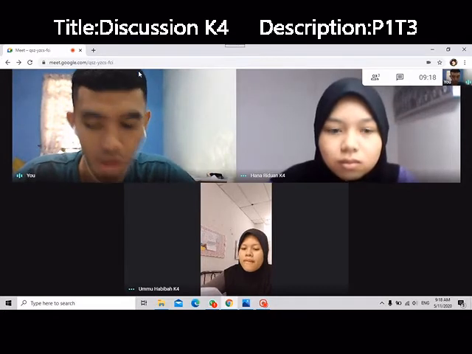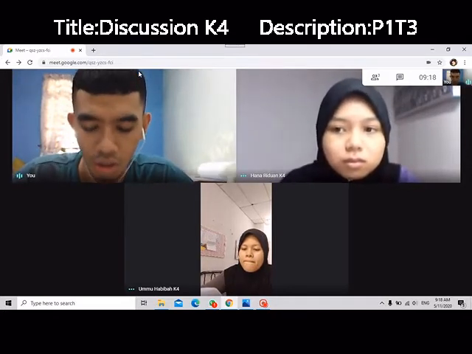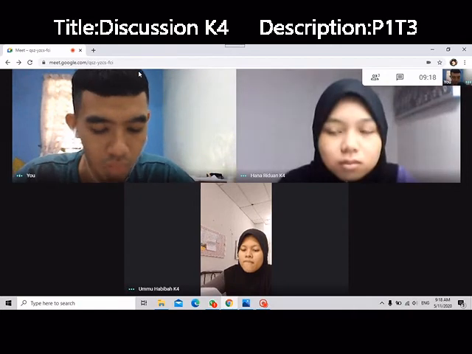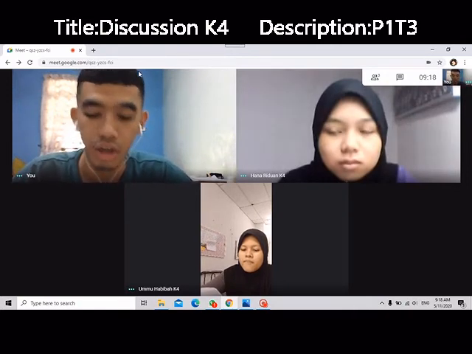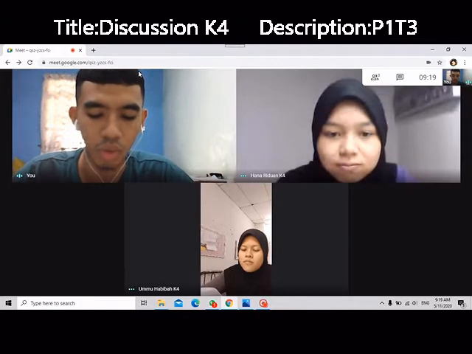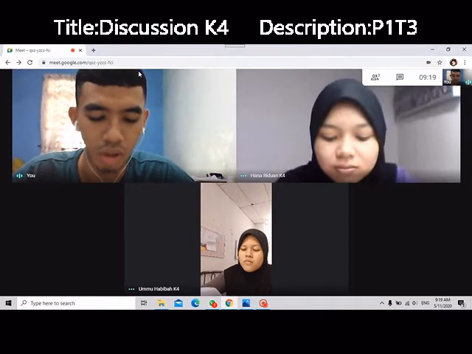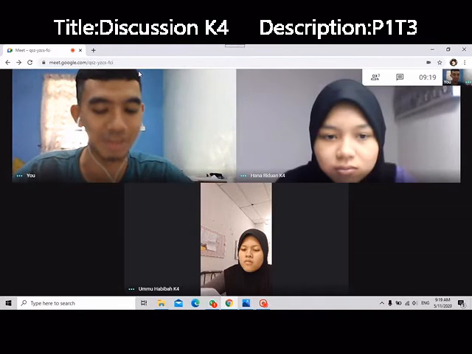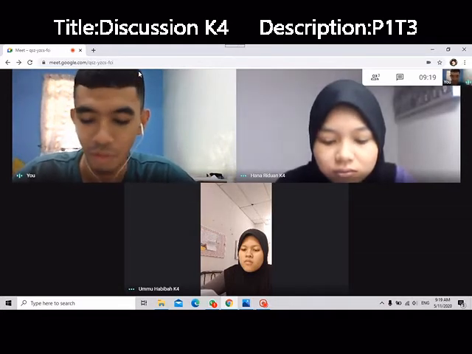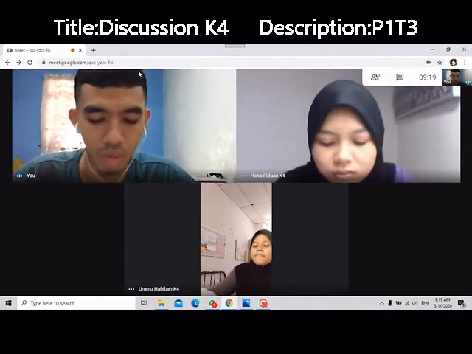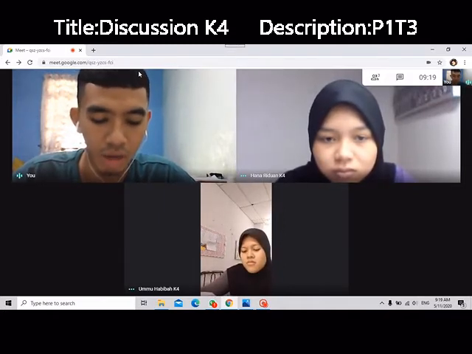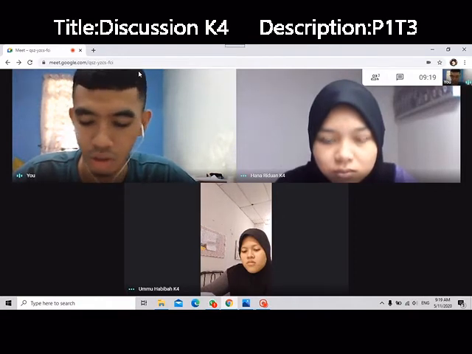For the denominator, secant square theta, we can change it based on the basic identities, which state secant square theta equal to 1 plus tan square theta. After we change it, we can cancel out the numerator 1 plus tan square theta with the denominator 1 plus tan square theta, and it will leave only 1 minus tan square theta, which is the same as the right hand side equation.